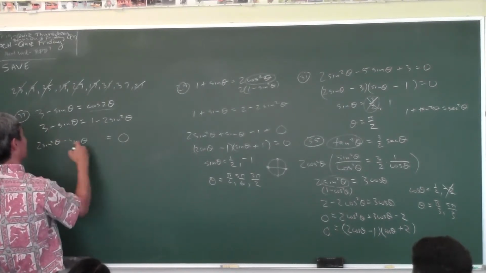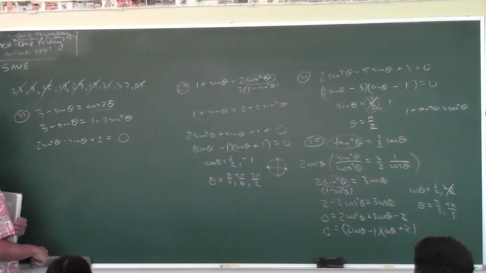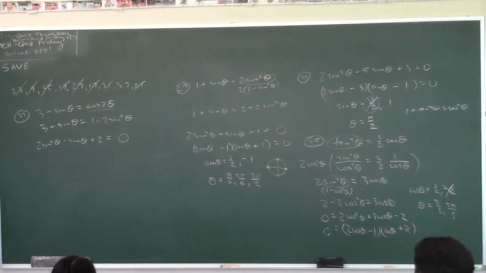And then you subtract 1, so it's unfactorable. How many people got this far? It's unfactorable, yeah? So what do you do? You gotta use the quadratic formula.